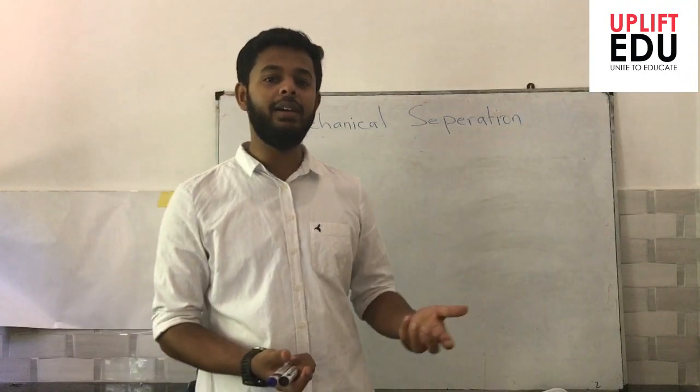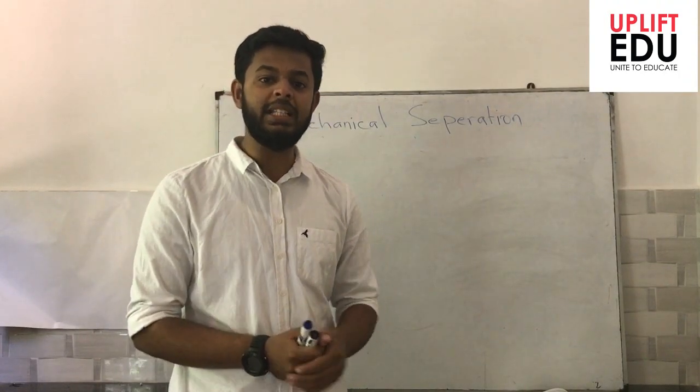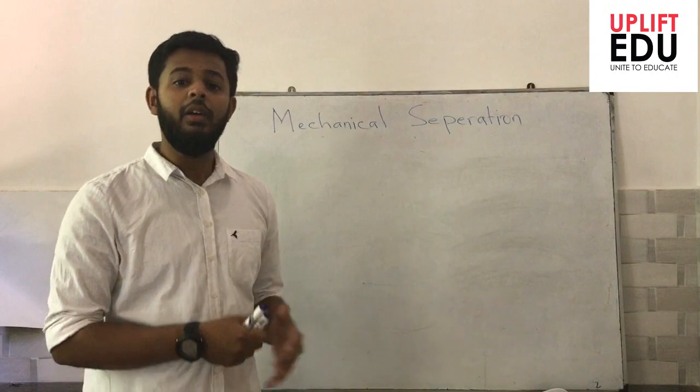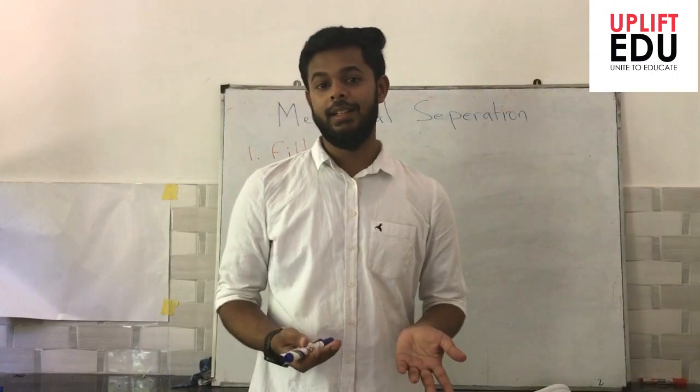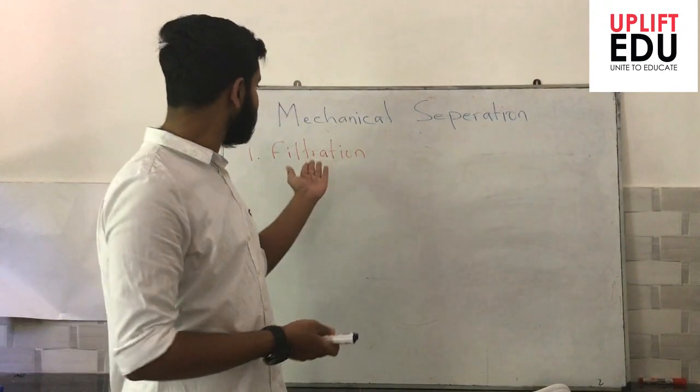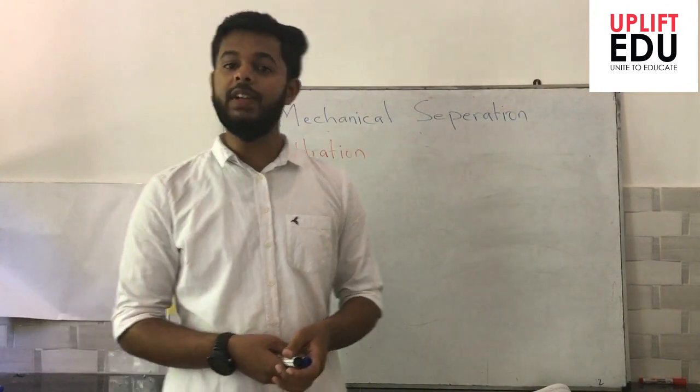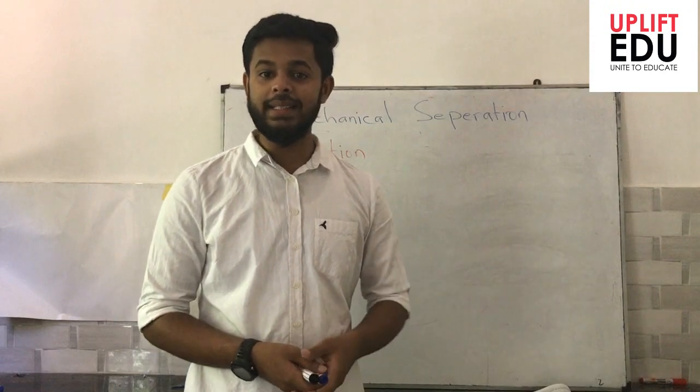If you do the separation based on any of these features, we call it mechanical separation. In mechanical separation we have different techniques, and we'll start discussing them one by one.